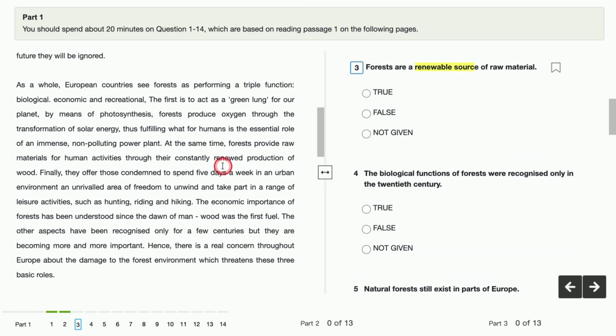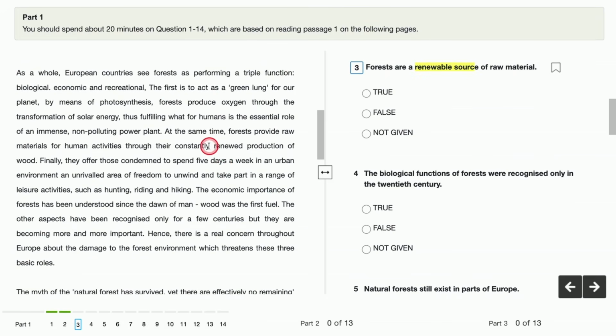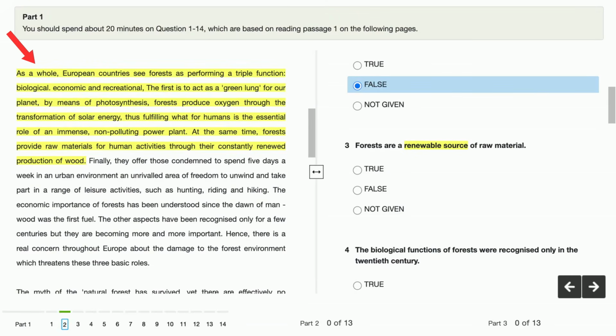Now let's read the second paragraph. You try to find if the paragraph mentions renewable source or raw material, and at the same time try to understand the general meaning of the paragraph, okay? As a whole, European countries see forests as performing a triple function: biological, economic, and recreational. The first is to act as a green lung for our planet.